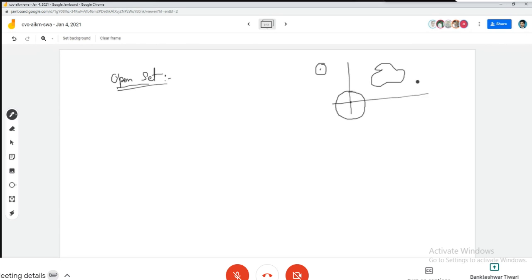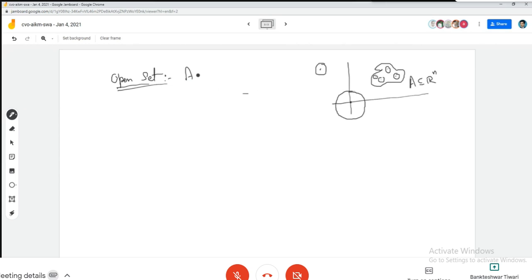Now, we say that a set A is open in Rn if each point is the center of some open ball contained in the set. However close to the boundary you are, it is the center of some open ball contained in the set. If your set satisfies this condition, we say that the set is open.